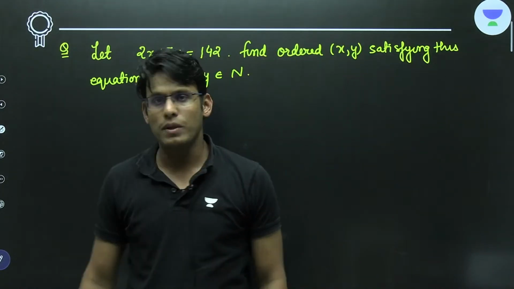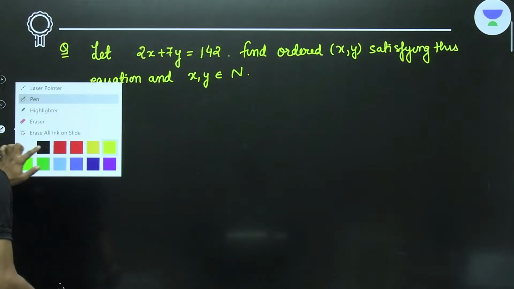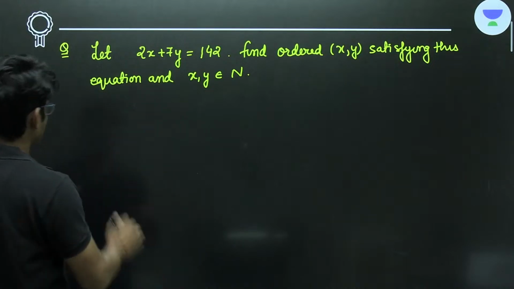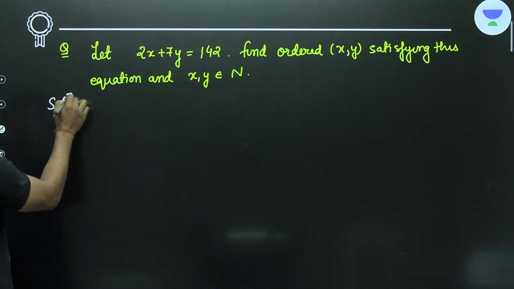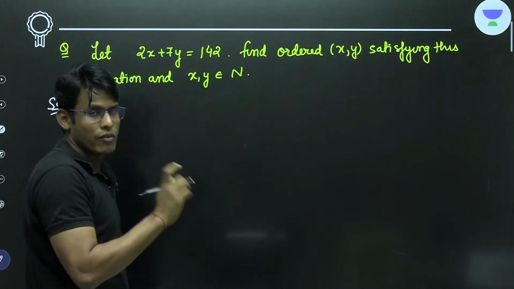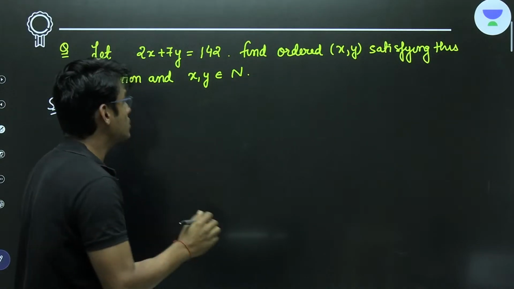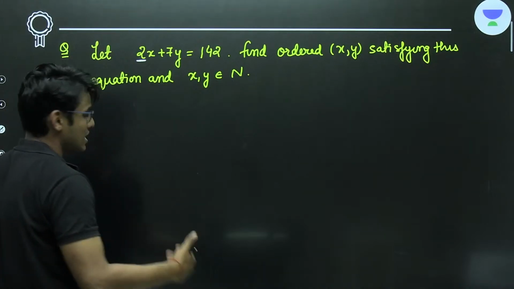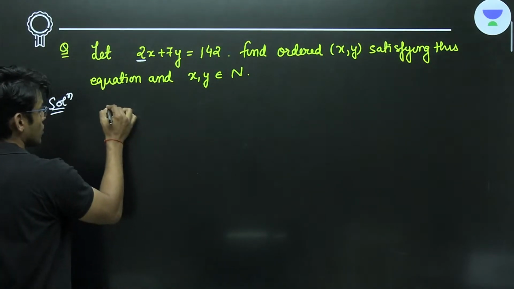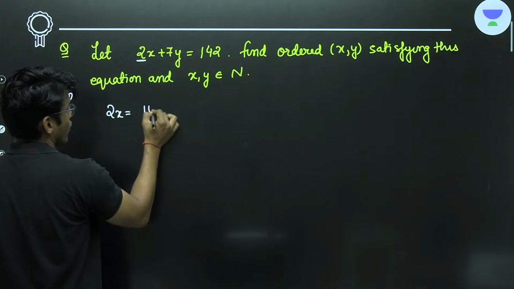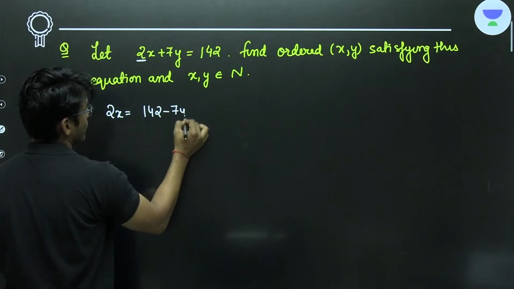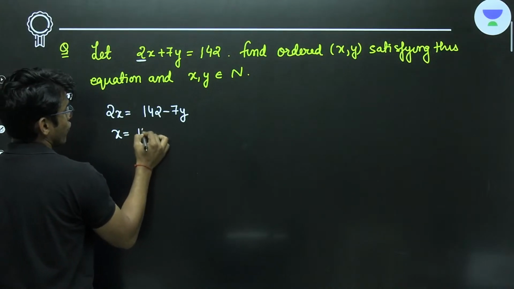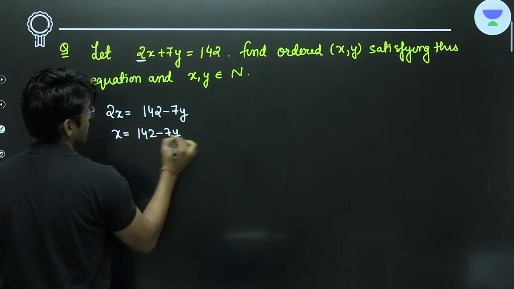Let 2x plus 7y equals 142. Again, what I will try to do, see, the benchmark rule here is to express one variable in terms of the other and choose the variable which has a relatively lower coefficient. These are just problem solving techniques. So I have 2x equals 142 minus 7y, so x equals (142 minus 7y) upon 2.